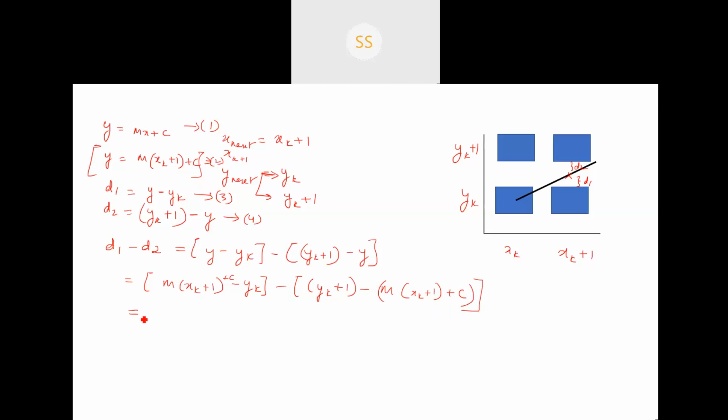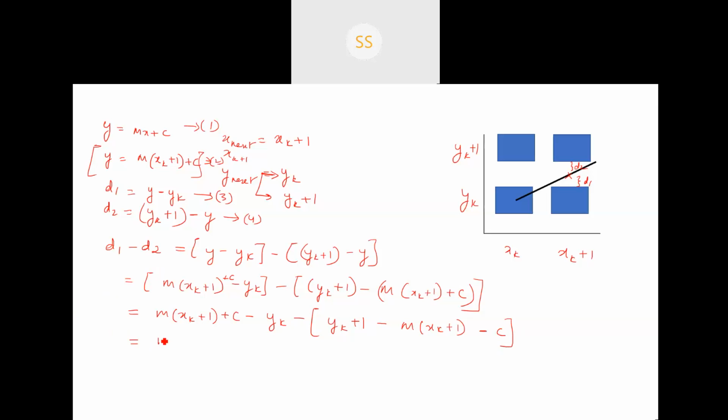Now when I reduce this equation, I have to open it up. When I open it up, I get m of xk plus 1 plus c minus yk minus of, I'll try to solve this part first, that is yk plus 1 minus m of xk plus 1 minus c. Okay, I hope this much is clear with everyone.